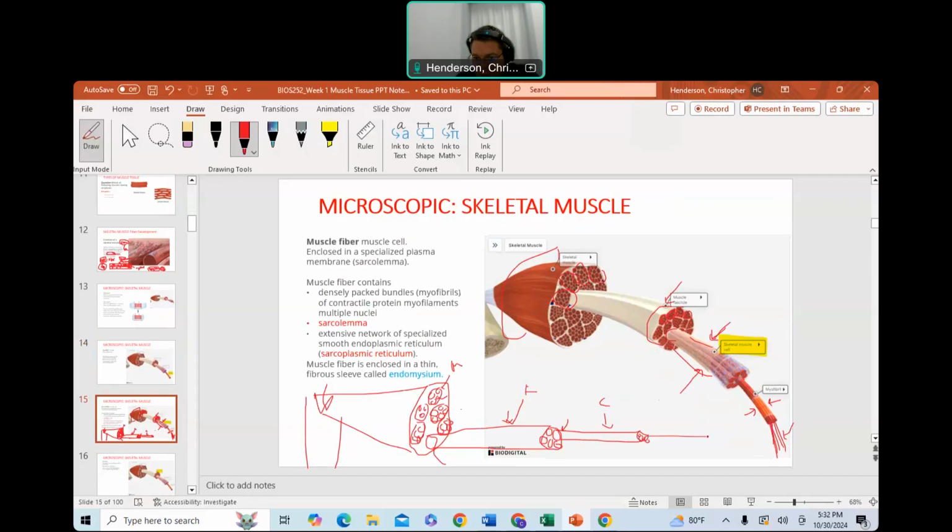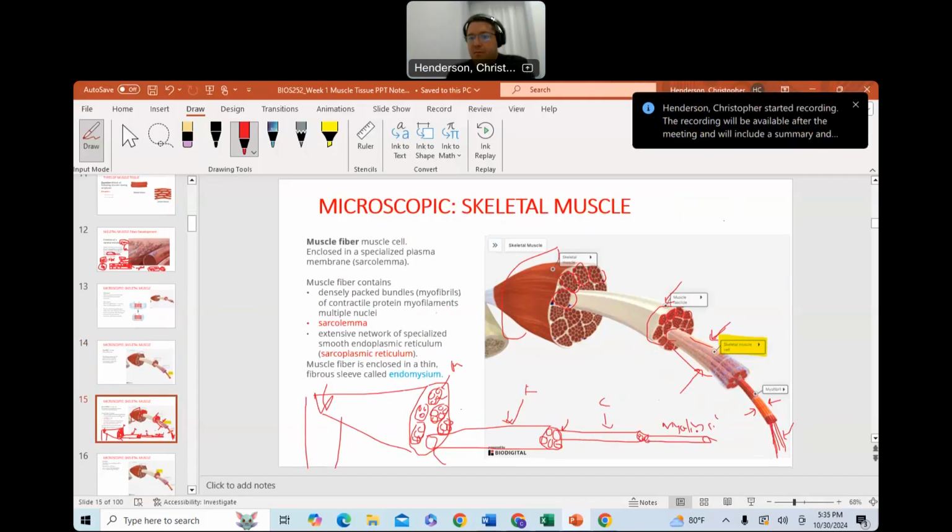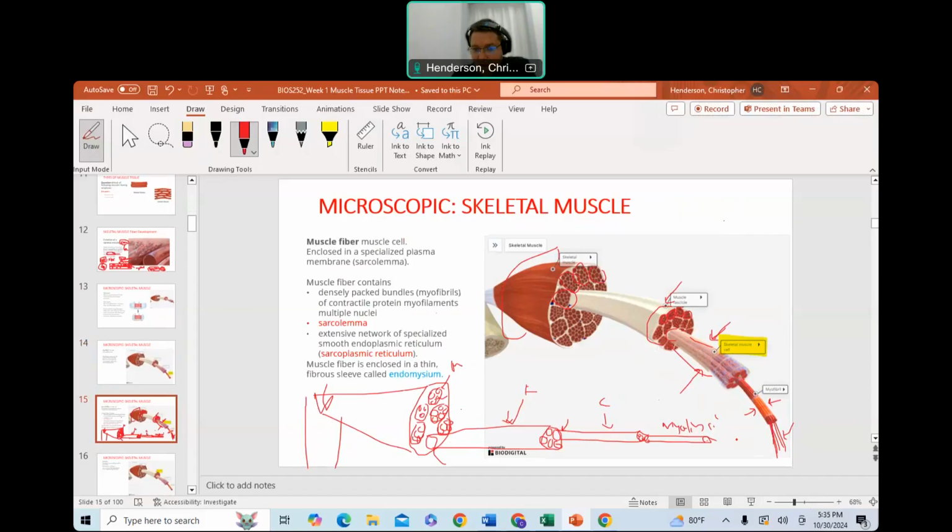Those are the myofibrils. And what is the myofibril made out of? Myofilaments. And the myofilaments are organized into sarcomeres.